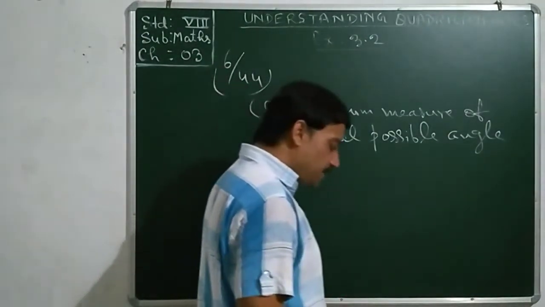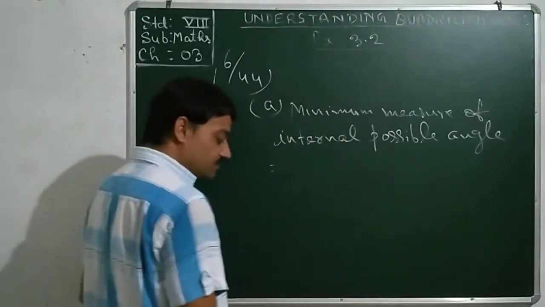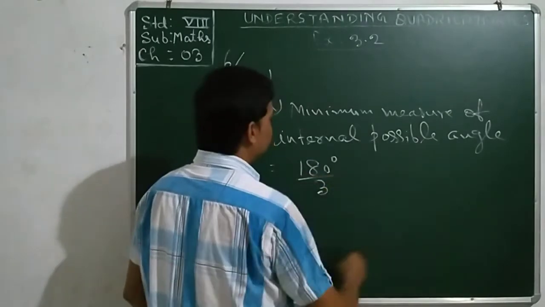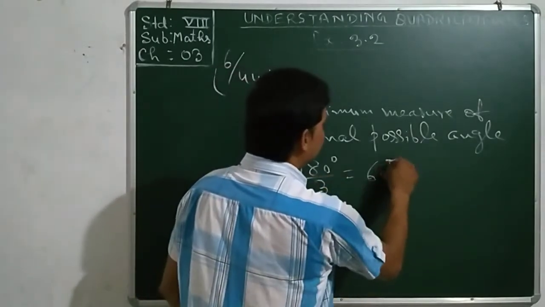So very simply you can write it as 180 degree divided by 3 equal to 60 degree.